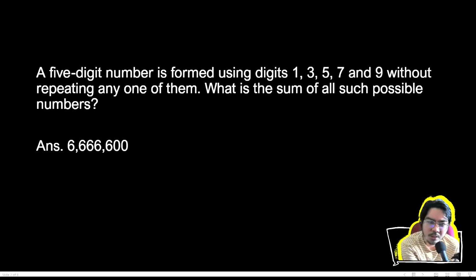Hindi rin siya combination problem, hindi rin siya permutation problem, no. Or pwedeng maging combination siya of a few of those methodologies, or yung mga formulas na yun. Pero hindi siya iisa lang yung formula na gagamitin natin. So in this particular case, it's always just easier na that you use a brute force method, no.